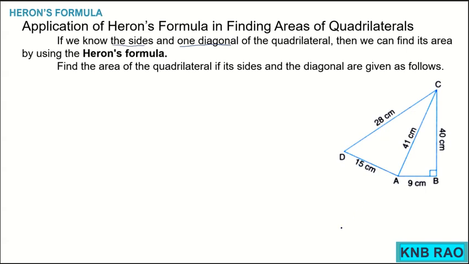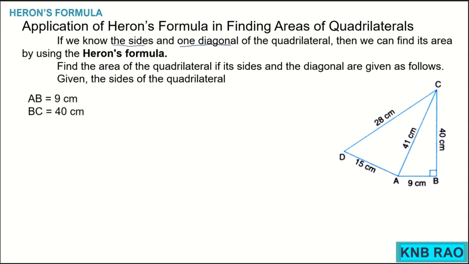Now, let us go for the solution. Given the sides of the quadrilateral, AB 9 centimeter, BC 40 centimeter, DC 28 centimeter and AD 15 centimeter, diagonal is AC 41 centimeter, that you know how to find even if it is not given, because of this right angle we can find out.